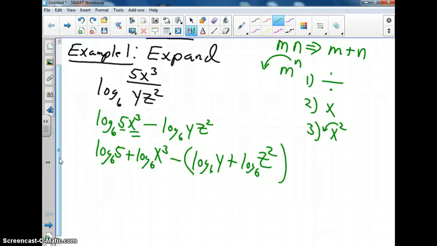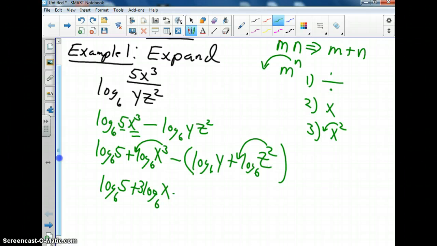Do you see any powers? Yes. So what do you do with the powers? You swing them. So here's what we go. We're going to swing the 3 to the front, and we're going to swing this 2 to the front. So now you're going to write down log 6 of 5 plus log 6 of x, and then put the 3 in front of it, so 3 log 6 of x.